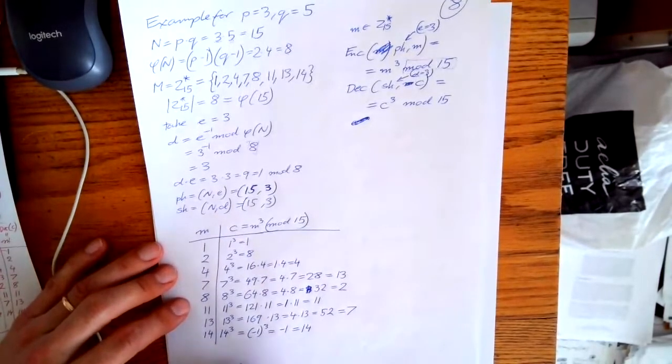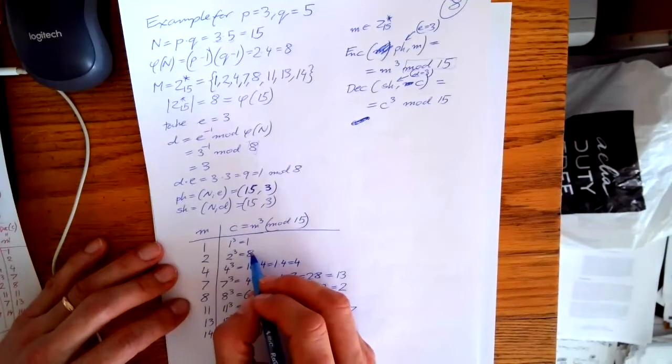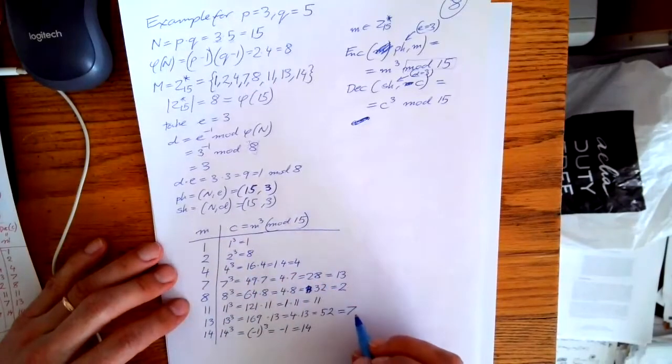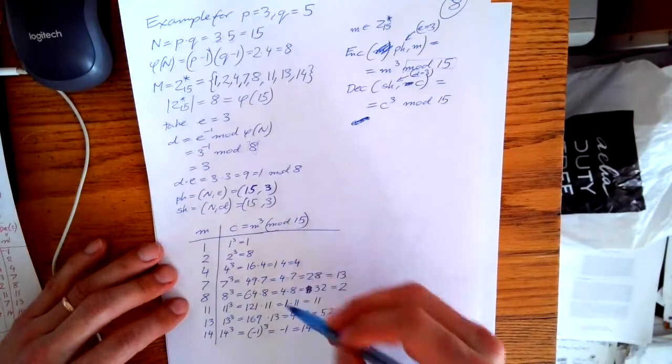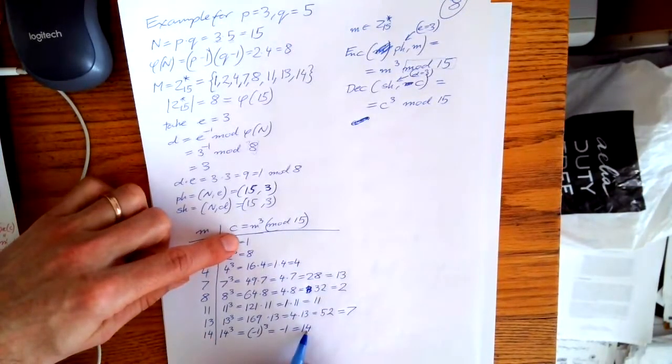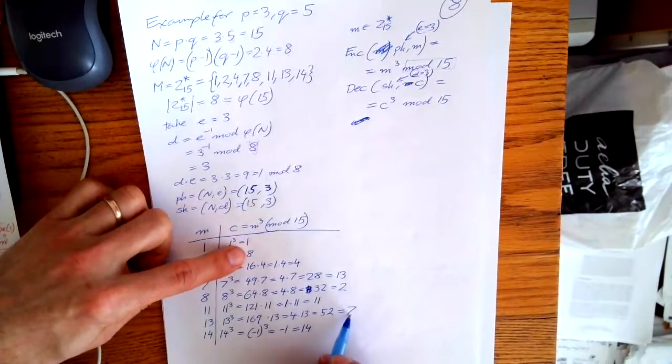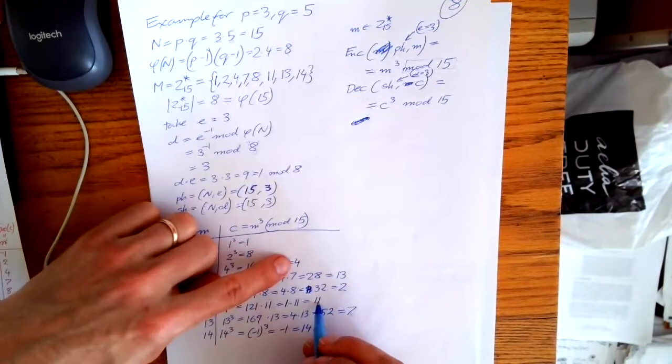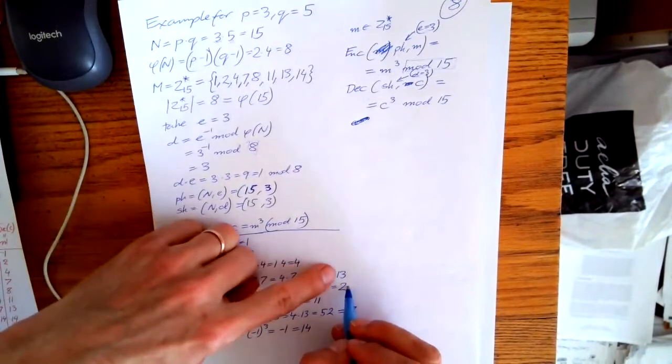I could have used -2 for 13, and it would give me a correct answer. What is -2 cubed? Well, it's -8, and 7 is -8 mod 15. So you might notice that these two sum to 0. This is -8, 11 is -4, 2 is -13.